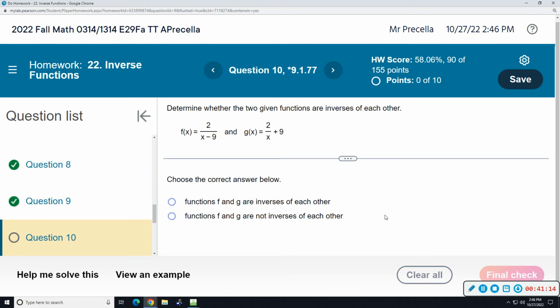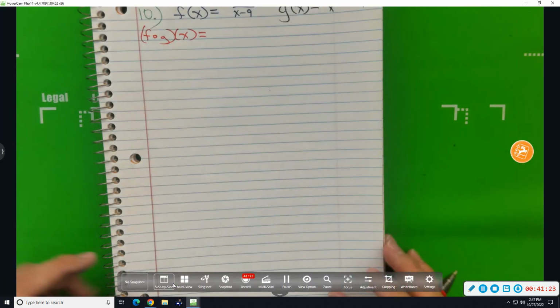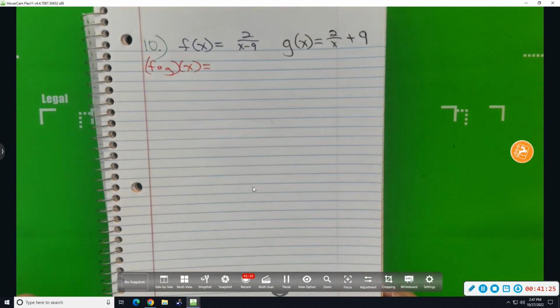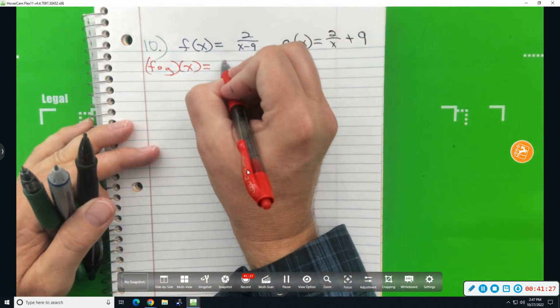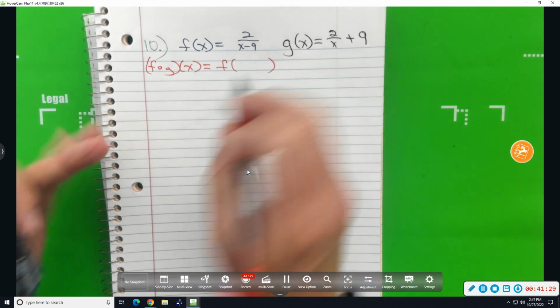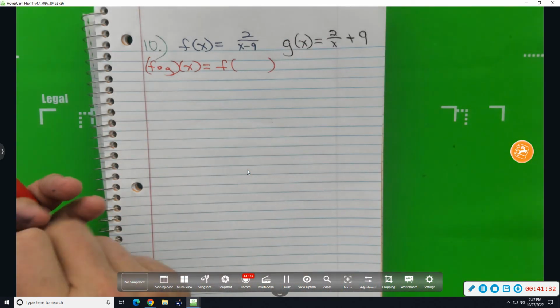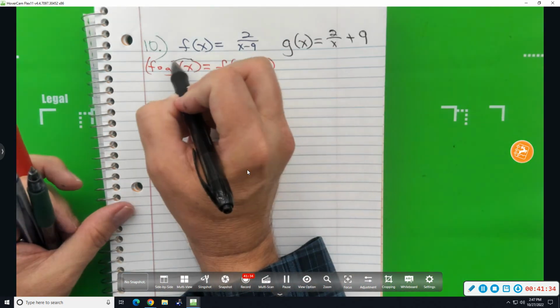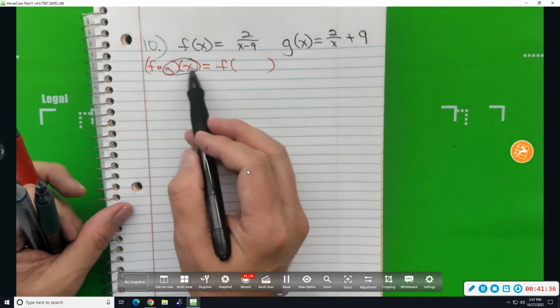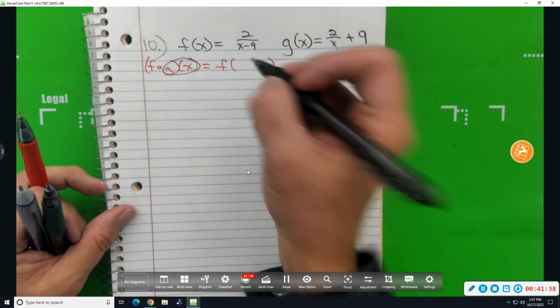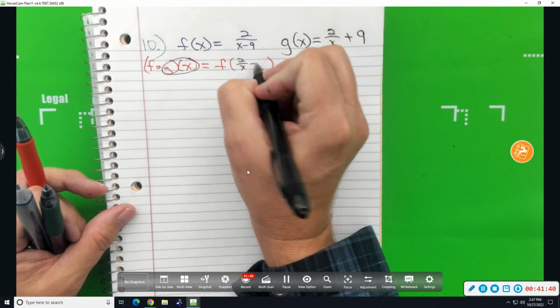Let's find them. f composed with g. Here goes the first one. f composed with g of x. Switch it over for me. f is on the outside. On the inside, we have g of x. G of x, we know that. That's 2 over x plus 9.